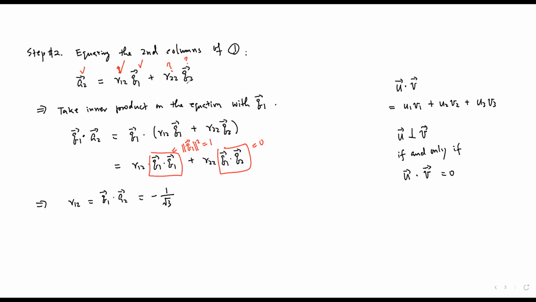From this equation, I move the first term to the left-hand side. So I get R22 times Q2 is equal to A2 minus R12 Q1. The quantities on the right side of this equation are all known now. Now take 2 norms on this equation.